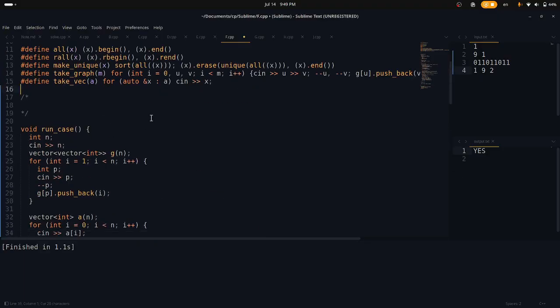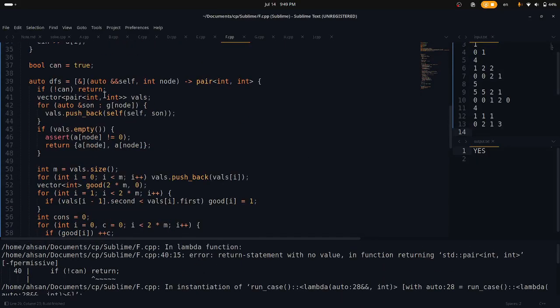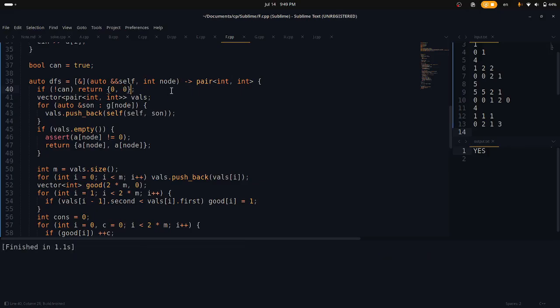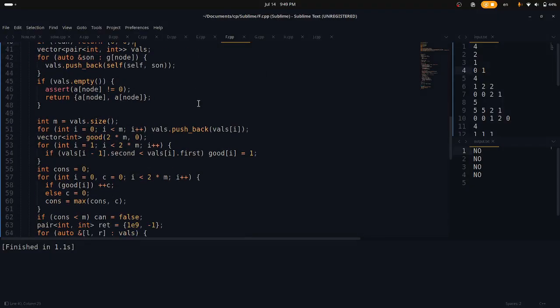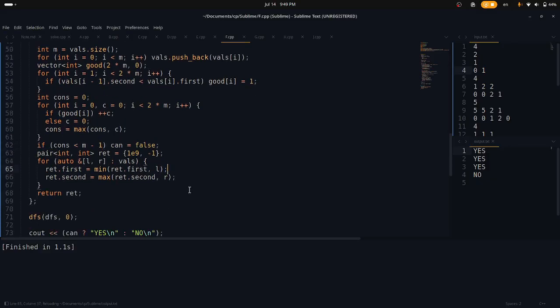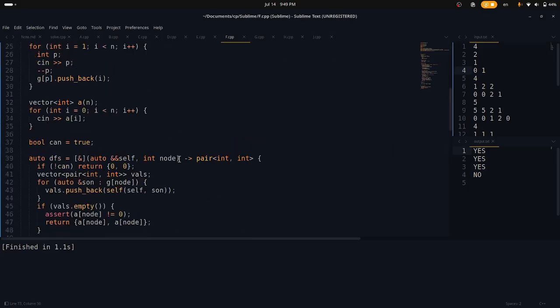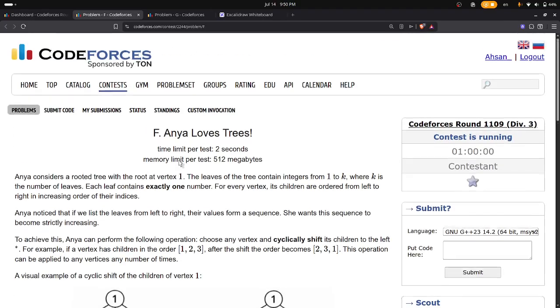I think it is okay. It's working. Should I submit or test?